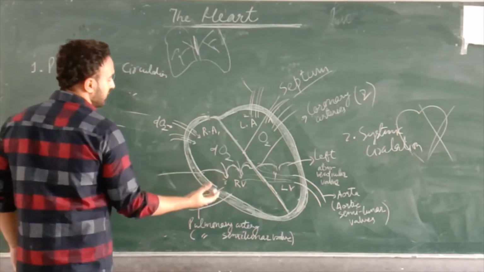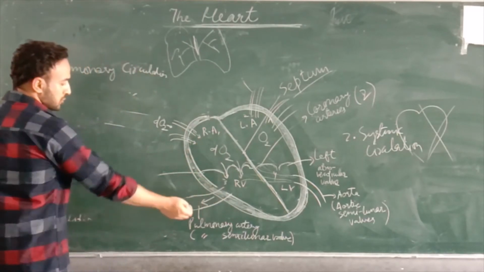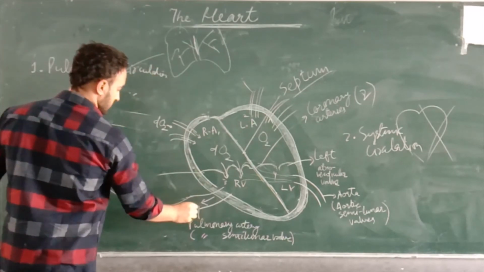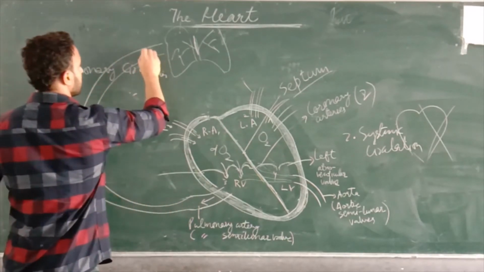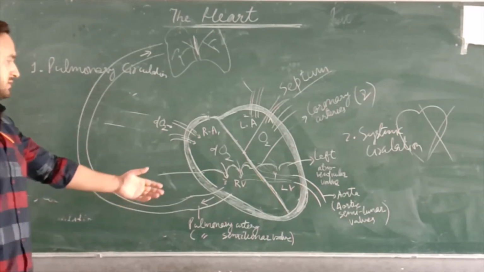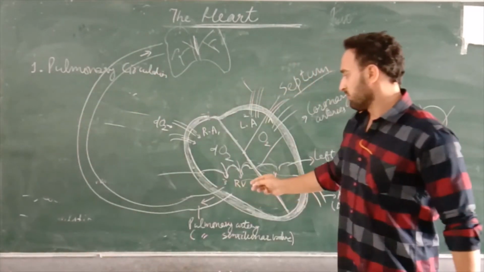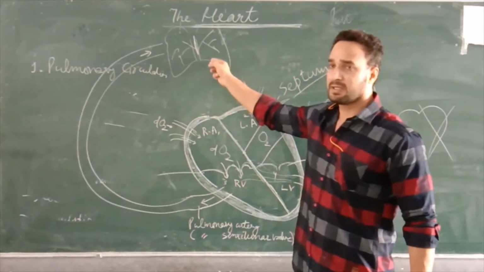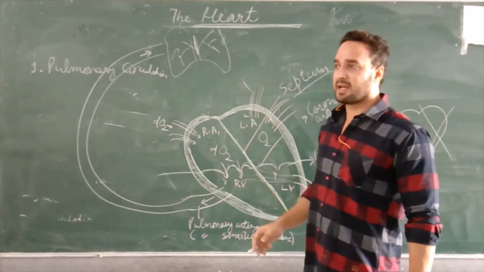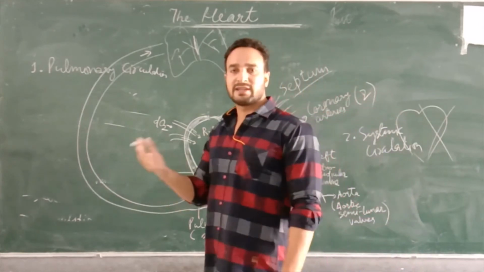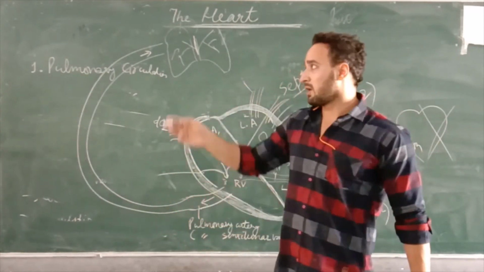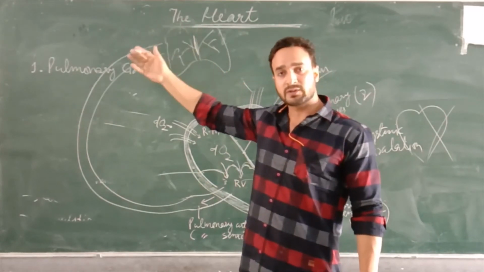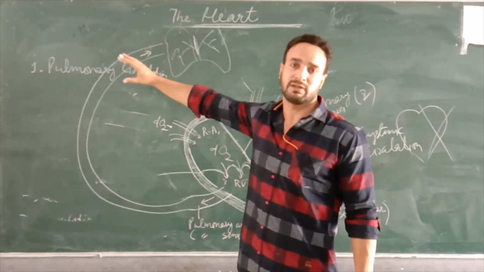So when the right ventricle contracts, the blood is pushed through the pulmonary artery to the lungs. This is the deoxygenated blood which was pumped by the right ventricle and it goes to the lungs. What happens in the lungs? In the lungs, the gaseous exchange happens, right? Carbon dioxide present in the blood is released to the atmosphere, and oxygen from the atmosphere gets mixed with the blood.